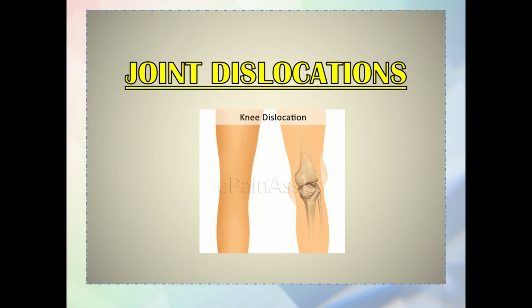So the second trauma involves the joint dislocations. So in this image, ayan. So knee dislocation ito. Ayan, that is how your joint sa knee can be dislocated. Sige, let's talk about it.